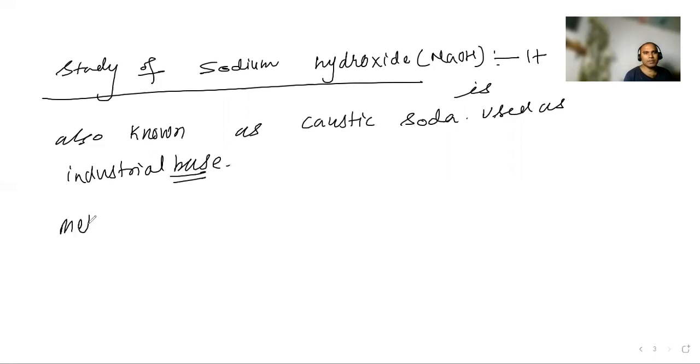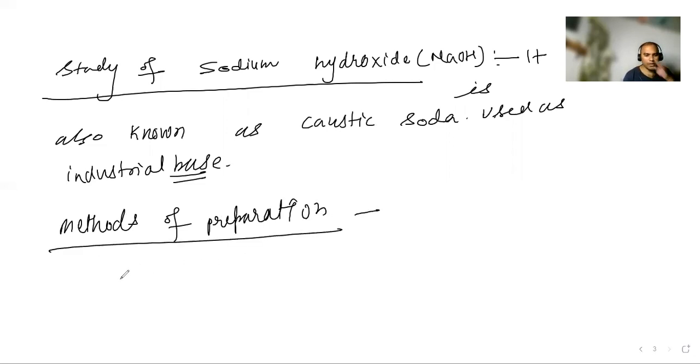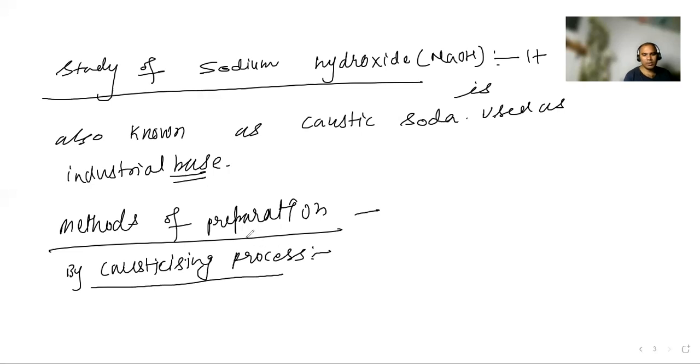Method of preparation. It is also an important compound, and it is prepared by the causticizing process. How do we prepare it by the causticizing process?